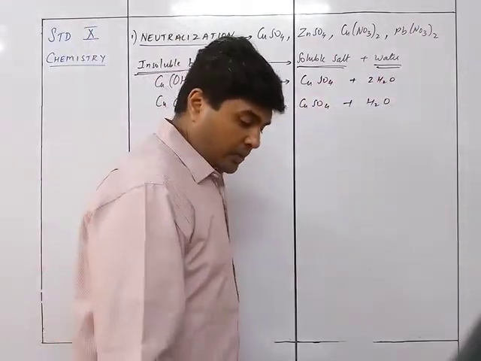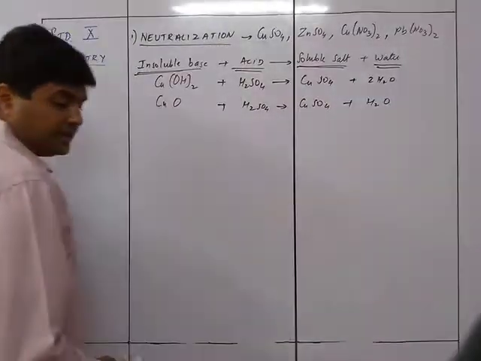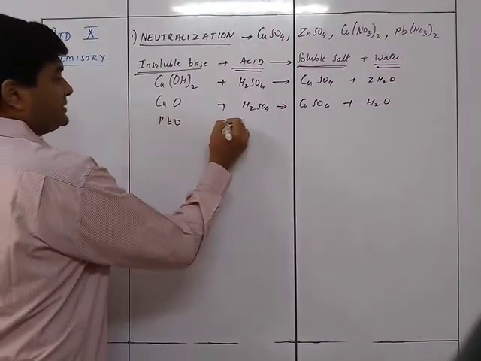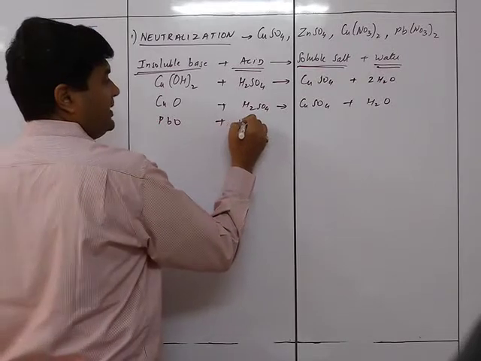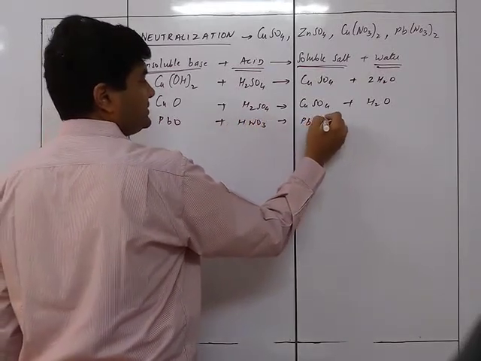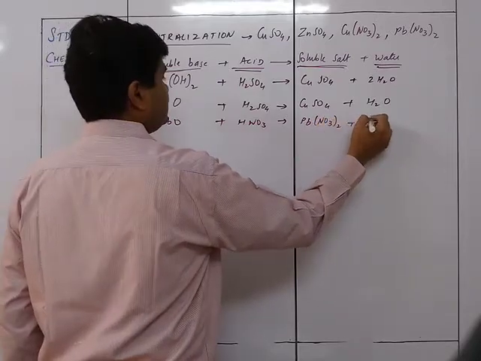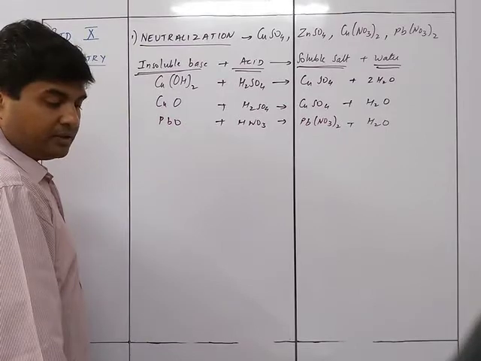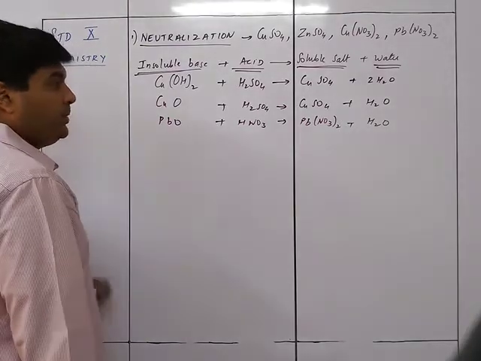So the next one is PbO plus HNO3 acid giving Pb(NO3)2 plus H2O.